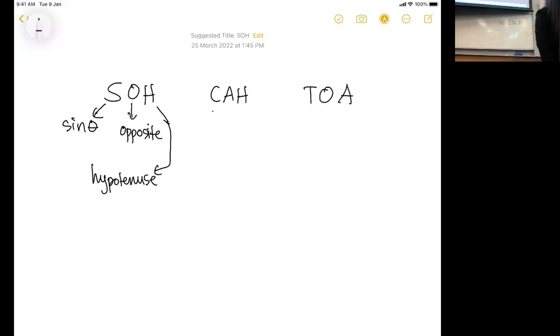CAH: C stands for cosine theta, that's adjacent divided by hypotenuse. Cosine theta is equal to adjacent divided by hypotenuse.